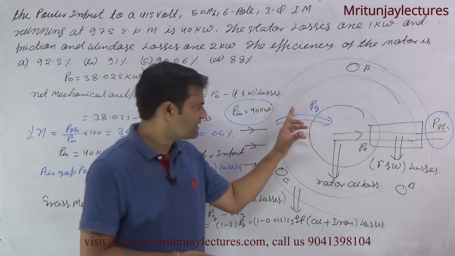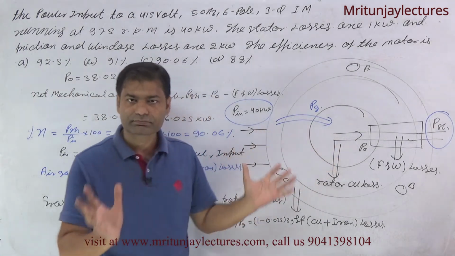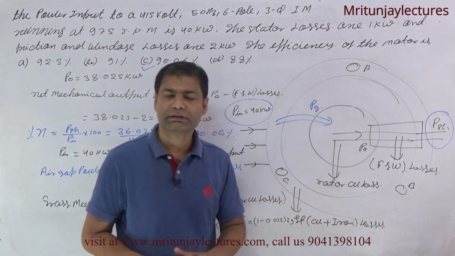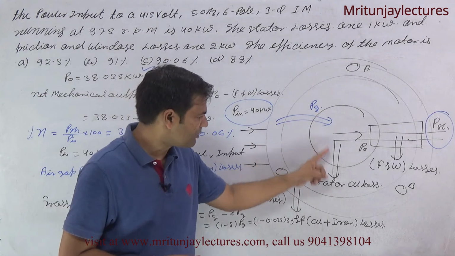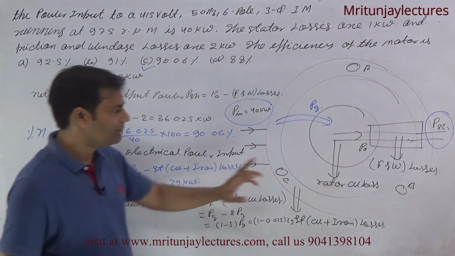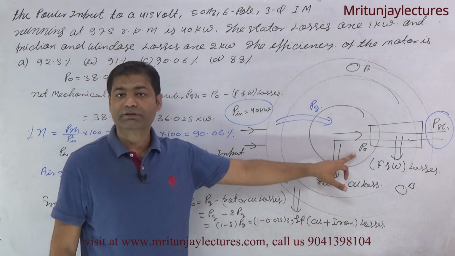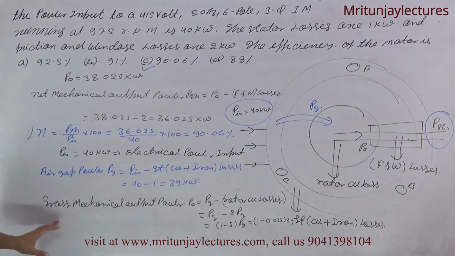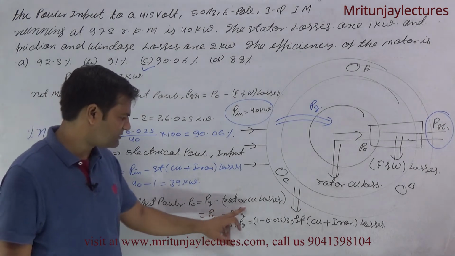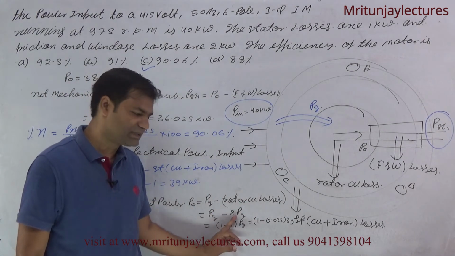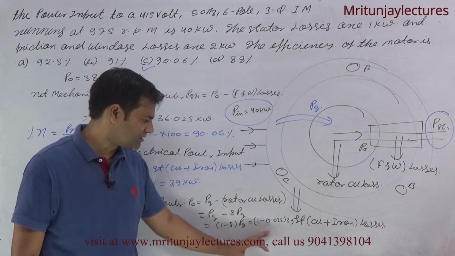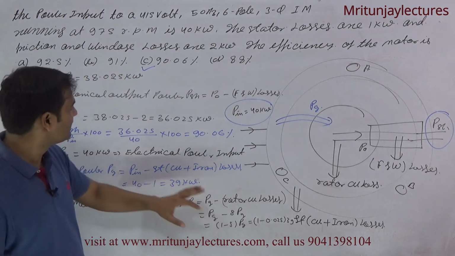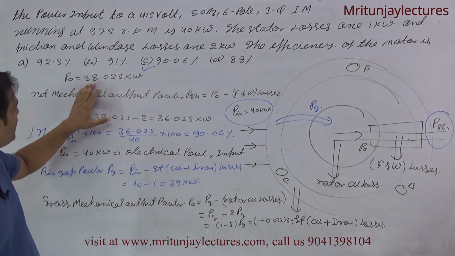This air gap power is given to the rotor, and there is also rotor copper loss. So this power minus that loss is P0, the gross mechanical output power. P0 is PG minus rotor copper loss, that is PG minus PG into S. So it is 38 point something.